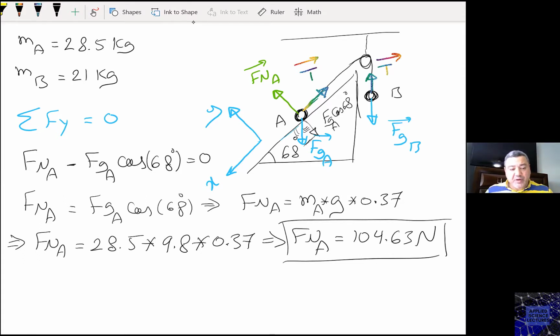Any questions so far about how we calculated the normal force on box A at rest?